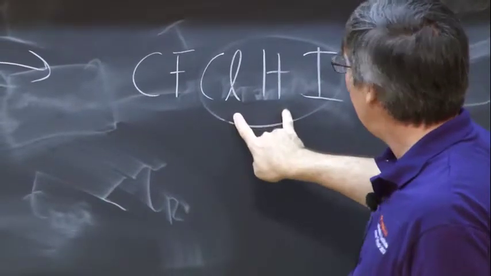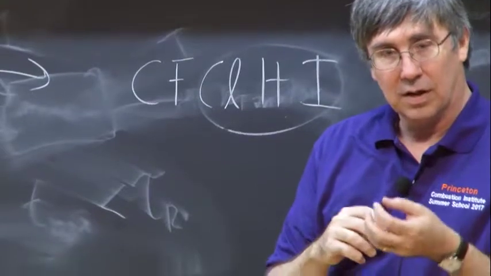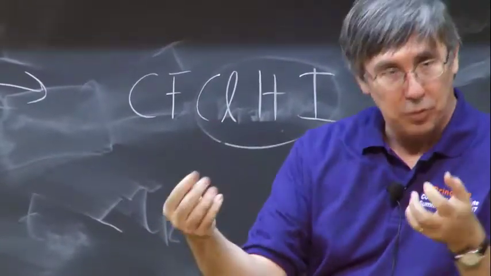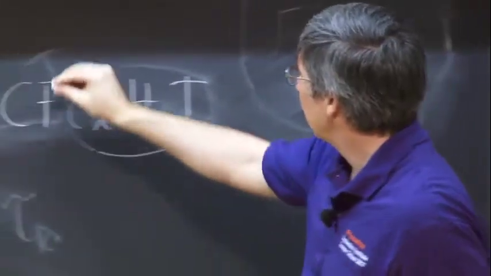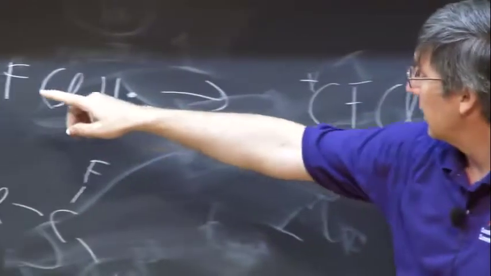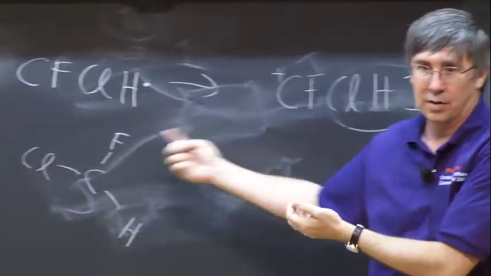This guy is chiral because there's 2 different forms of this that are mirror images of each other that you cannot rotate and put them on top of each other. So it's a chiral carbon atom. The saddle point, as this I approaches, does it approach from the top or from the other side, from in the board?